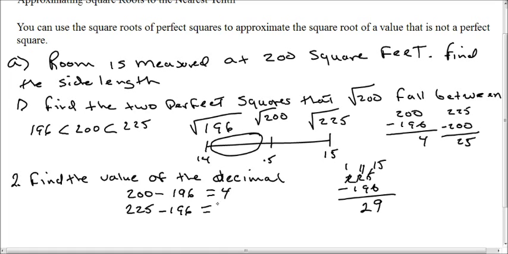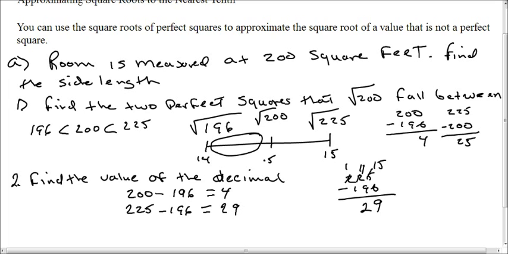So I see that the difference between the greater perfect square and the lower perfect square is 29 here.